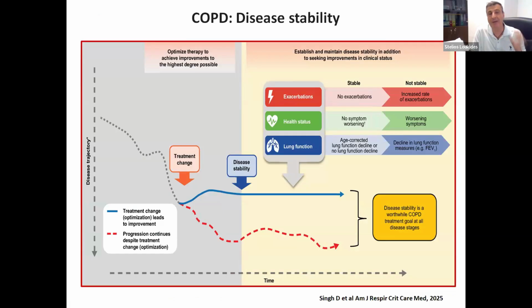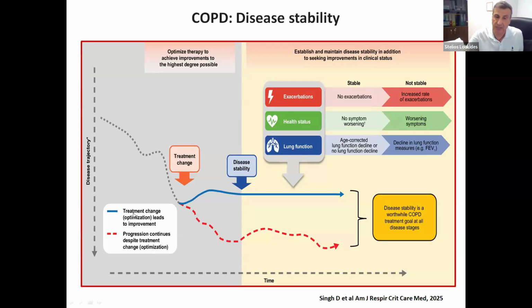So when you optimize therapy to achieve improvements to the highest degree possible, you have to consider, and this is an excellent study published by David Singh this year in the Blue Journal, the clinical important difference. You have to consider all the components of the disease, but the major target is the disease stability and not the treatment-based changes in some of the components.